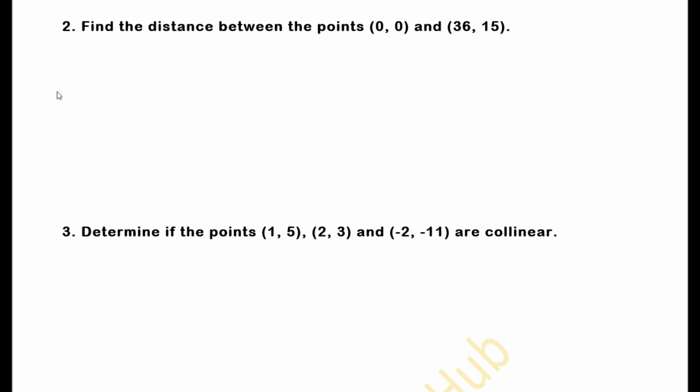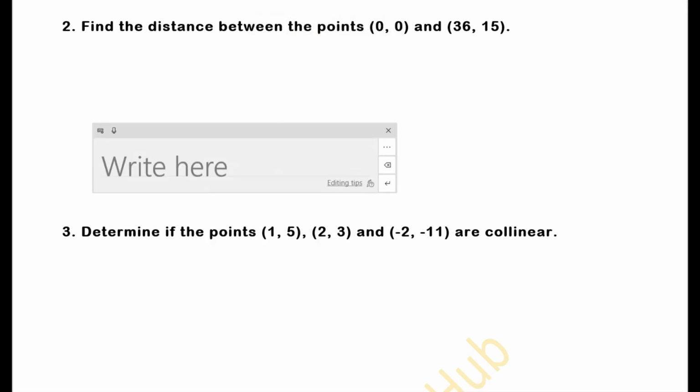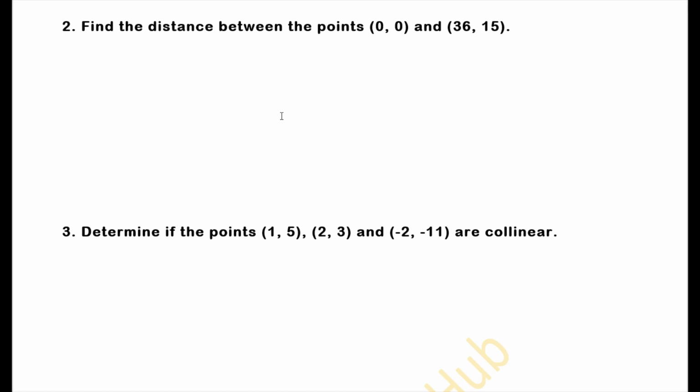And the easiest way is, the distance between 0, 0 is what? It is the origin. Therefore the distance between the origin and the point is given by the formula d equals just square root of x square plus y square. What is x here? x is 36, y is 15.